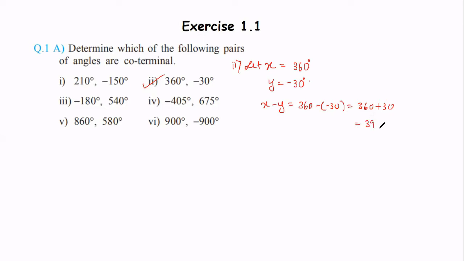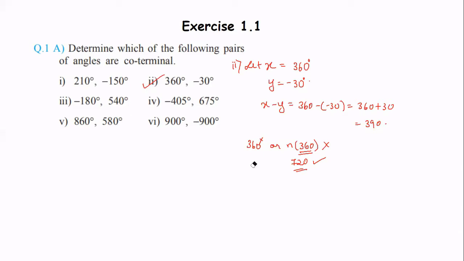So the difference between the pair is 390 and it's not 360 or a multiple of 360. One more thing: in case you get some multiple of 360, say 720, then even that makes the pair of angles coterminal. So either you should have 360 as the answer or 720 as the answer; that is how we get the coterminal case.